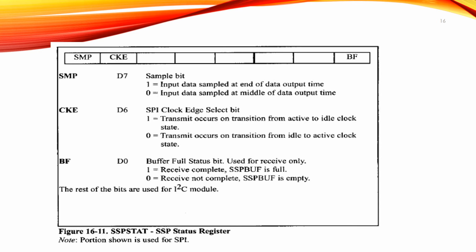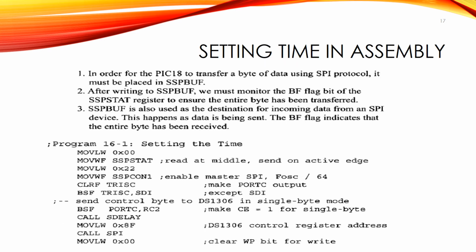Then from the SSPSTAT register, SMP and CKE, the sample bit and clock edge select bit, we have to configure accordingly, and BF is the buffer full status, which we check in a loop. Now this is just a small overview I have taken through the program.